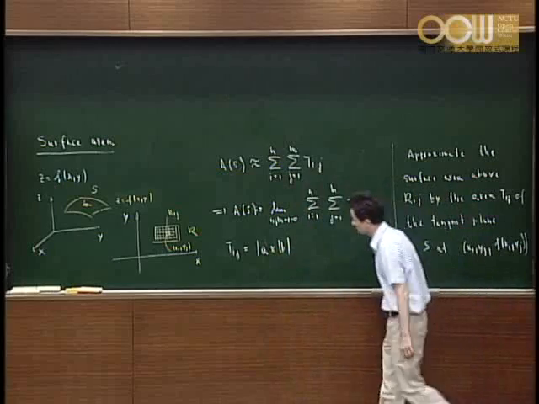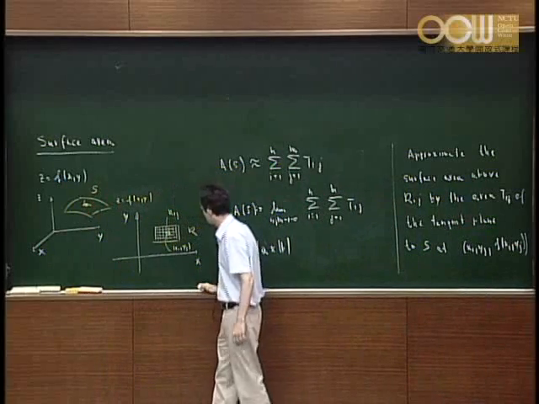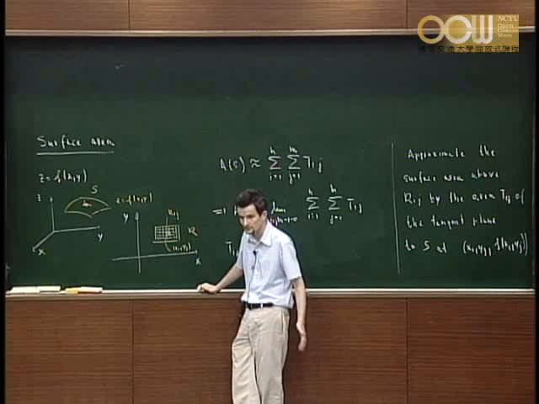Such vectors are easy to describe, because we are looking at the tangent plane, and we know that the directions of the tangent plane are given by the partial derivatives.